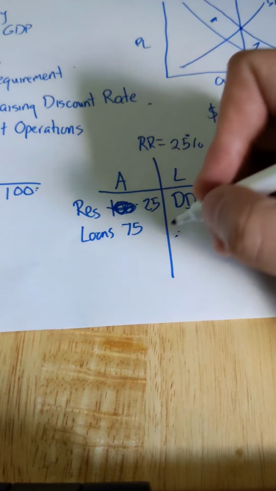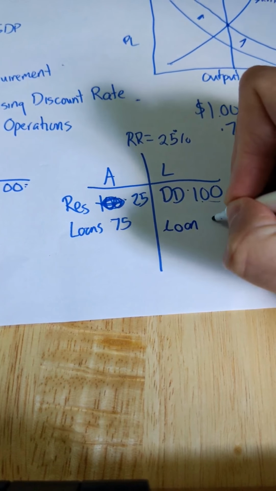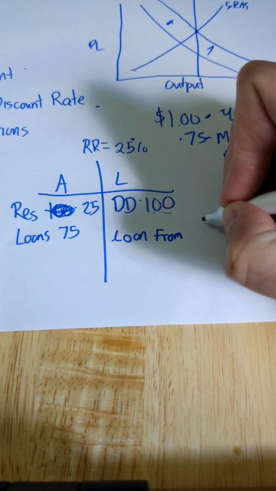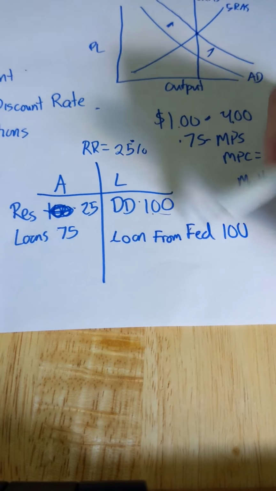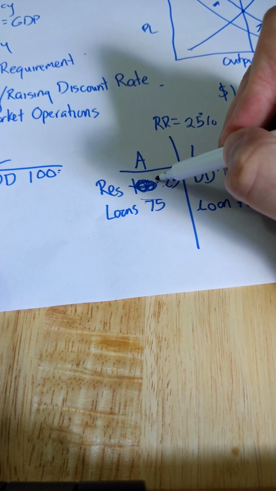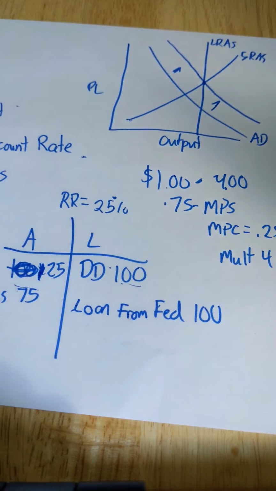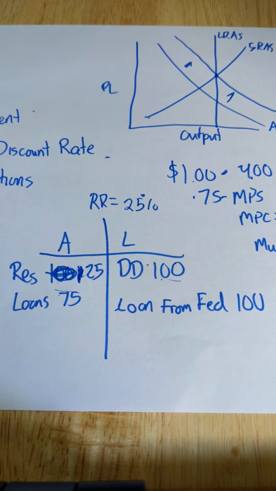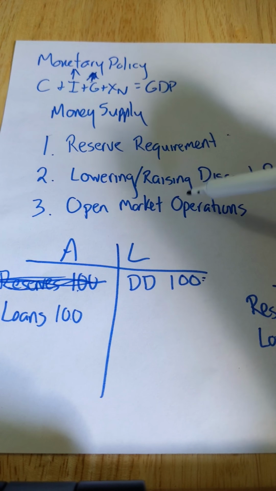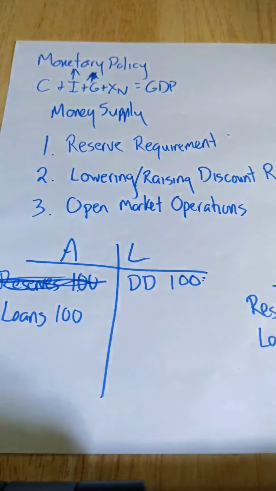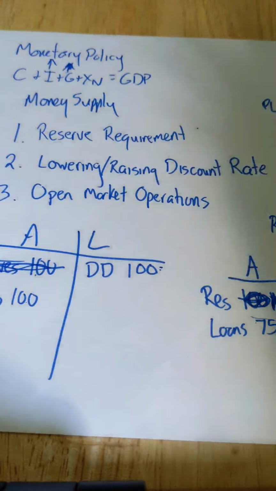So say they get a $100 loan from the Fed, and then they'll have $125 in reserves now. And they'll loan out that $100, creating $100 of money supply change. So that would be that. And lowering the rate at which the Fed loans to member banks makes it so banks will borrow more from them.